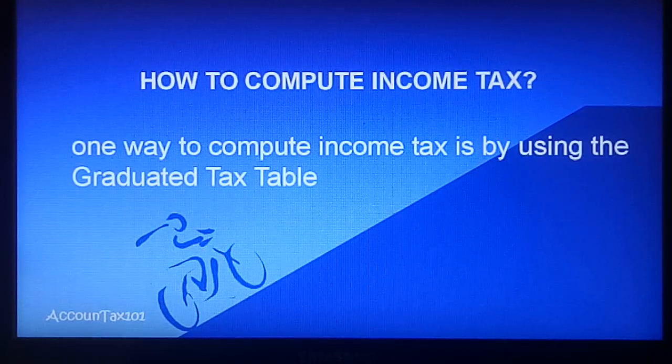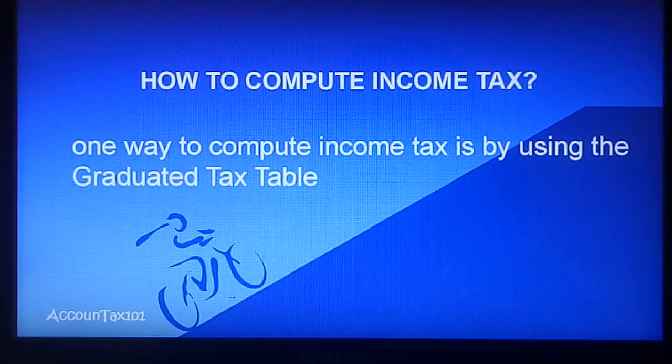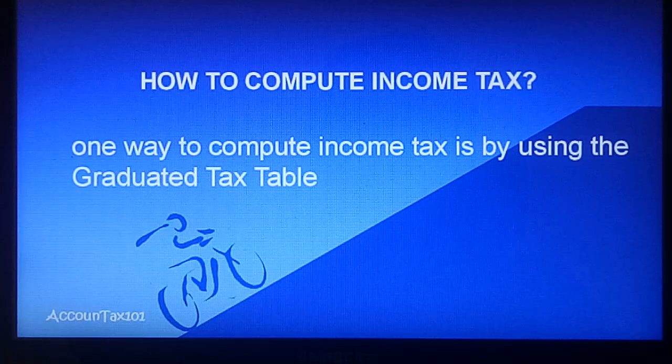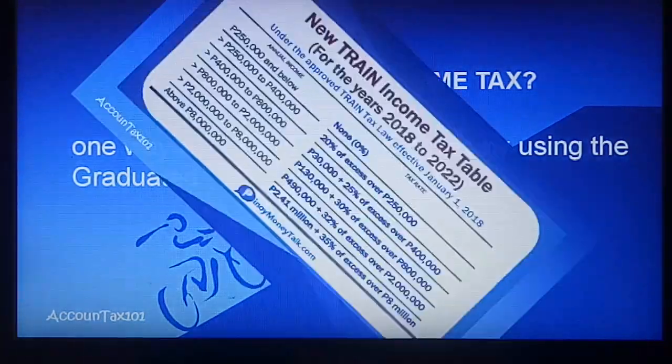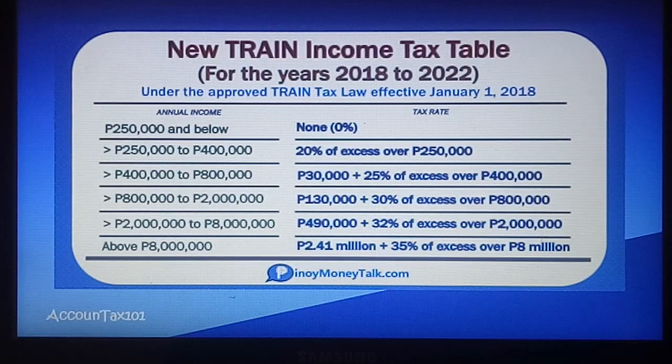So, ngayon, how do we compute the income tax? So, one way to compute income tax is by using the graduated tax table. So, ano tong graduated tax table na ito? So, this is the TRAIN income tax table effective January 1, 2018. So, makikita natin mga ka-account tax, there are two columns.